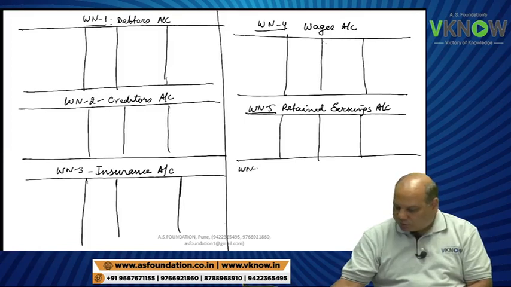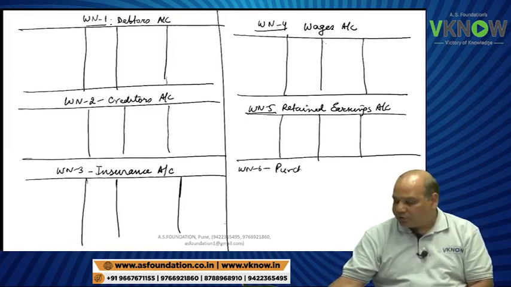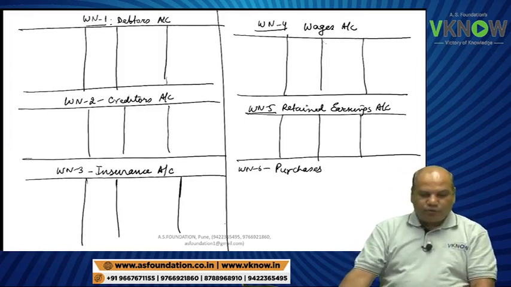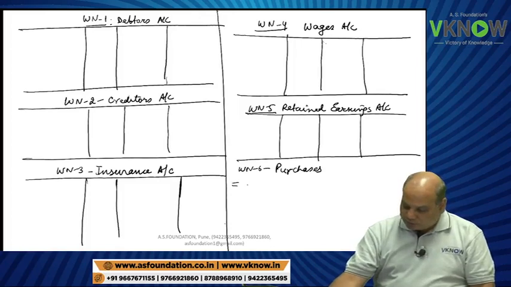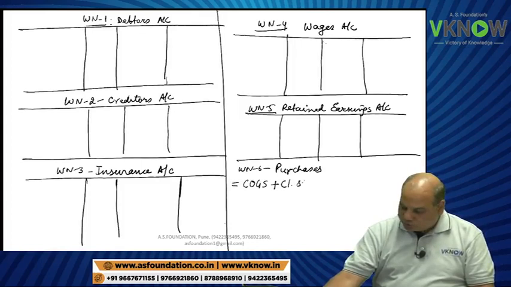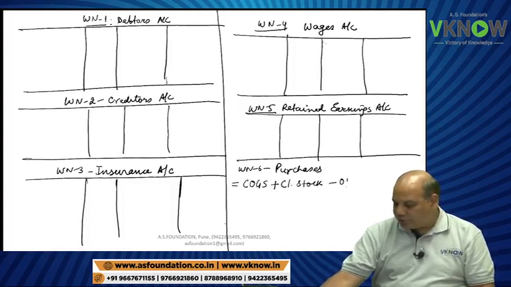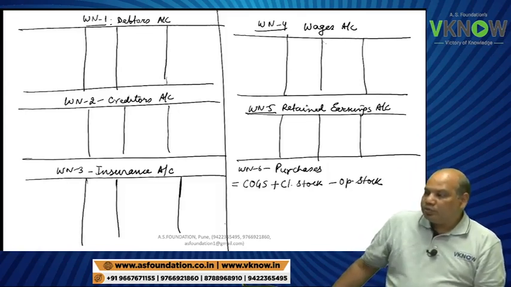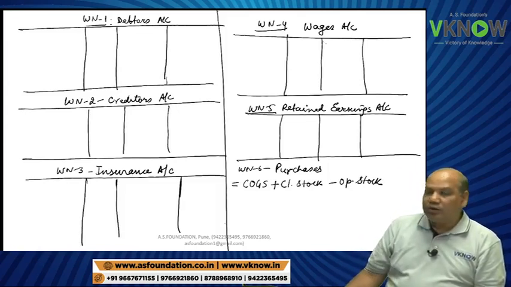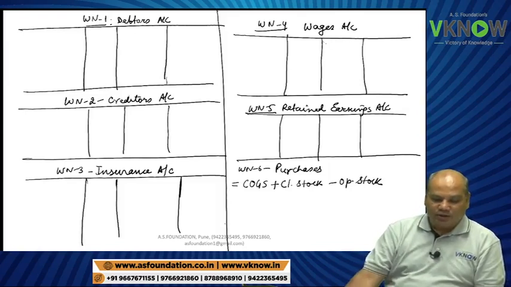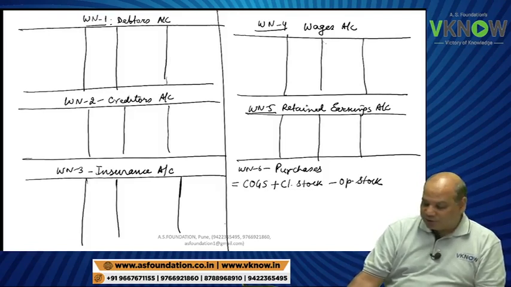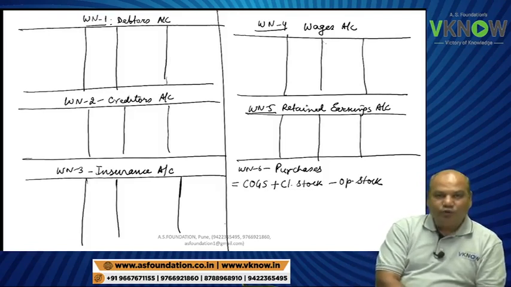And working note 6, purchases. Everybody write down this answer: purchases equal to cost of goods sold plus closing stock less opening stock. This is the problem under direct method, and the same question we have to solve under indirect method also. So if you are ready, we can start.